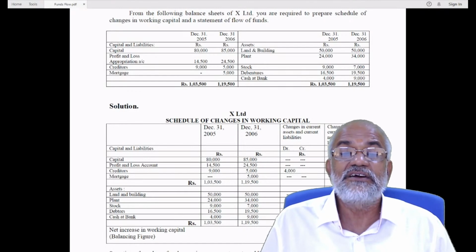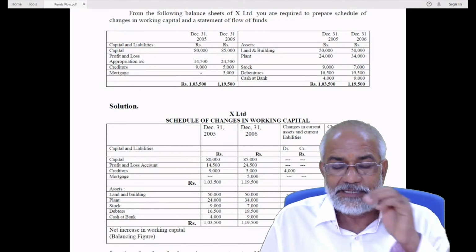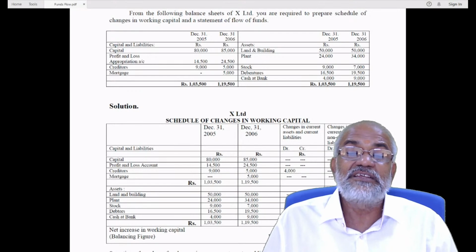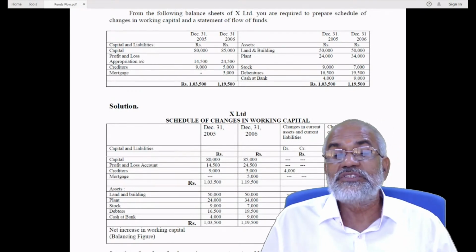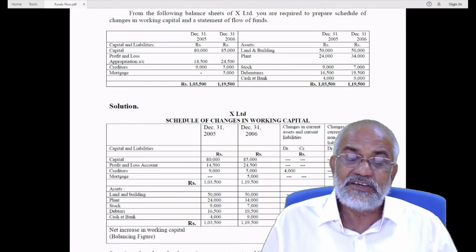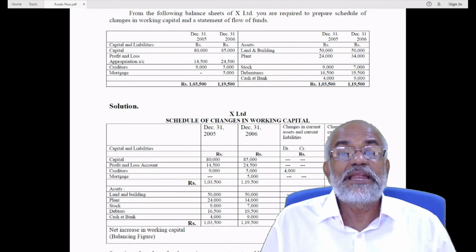It was 50,000 at the beginning, that means as on 31st March 2005, and 50,000 as on 31st March 2006. So there is no change in it. So all the four columns, changes in current category as well as changes in non-current category, both debit and credit, would be nil. Then plant and machinery.